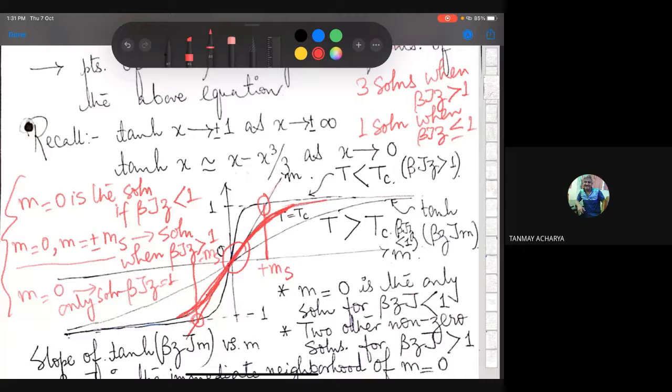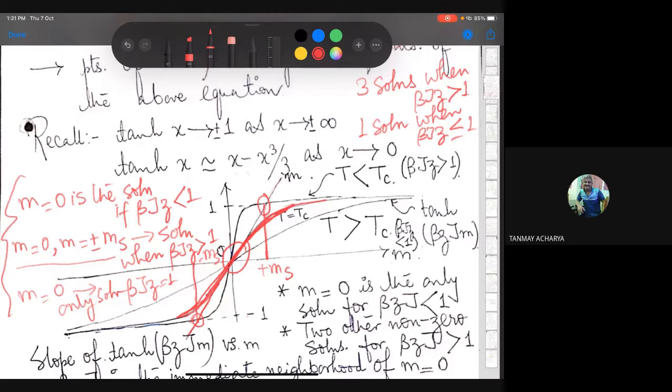It doesn't tell me anything about phase transition. Those of you who are familiar with bifurcation theory would just say that, look, it's an equation that has one solution in one parameter regime and three solutions in another parameter regime.